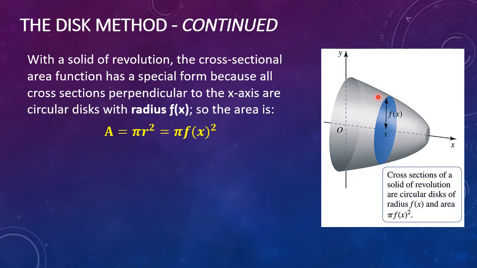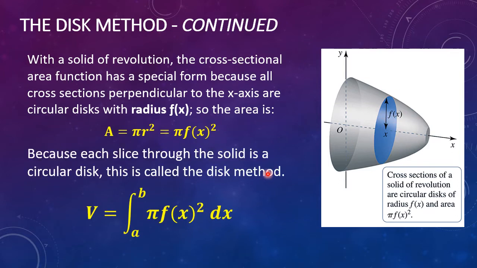Because we revolved it, now we don't have to subtract. The actual radius is f of x. The area of a circle is pi r squared. So for a solid of revolution, the area of that specific disk or circle is pi f of x squared, because f of x is our radius, as you can see in the diagram to the right.